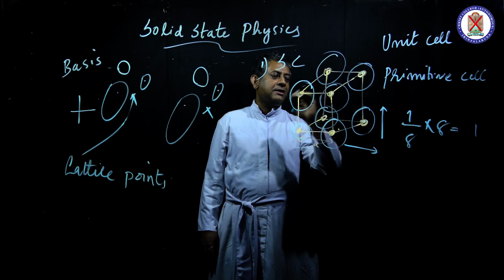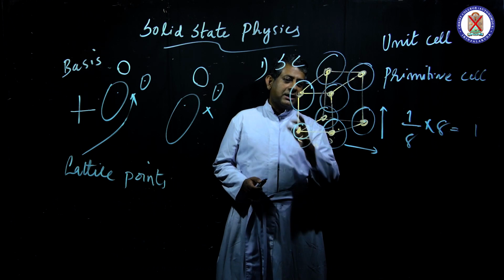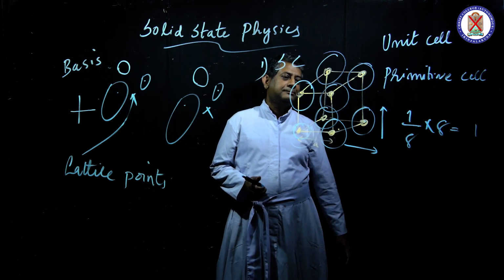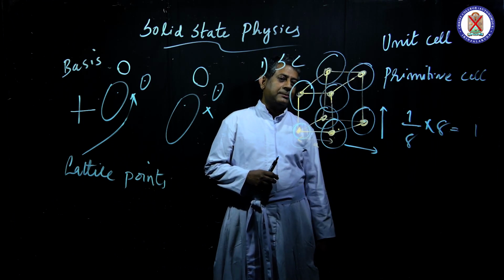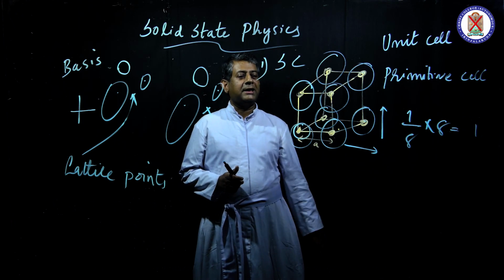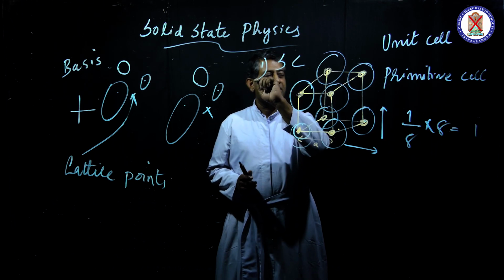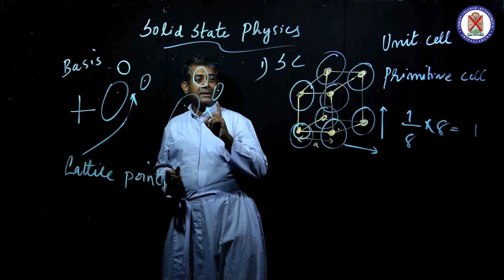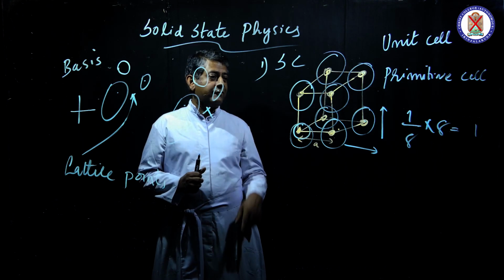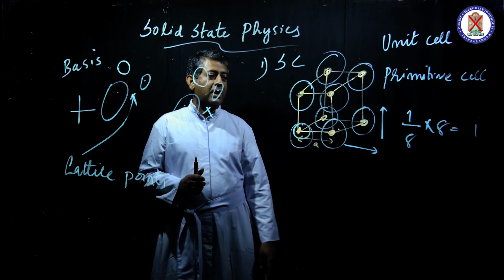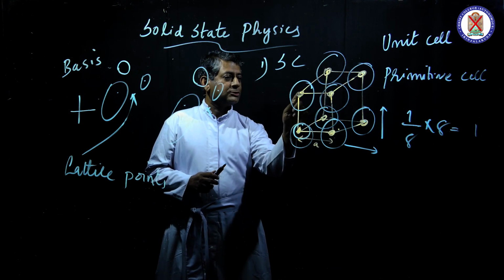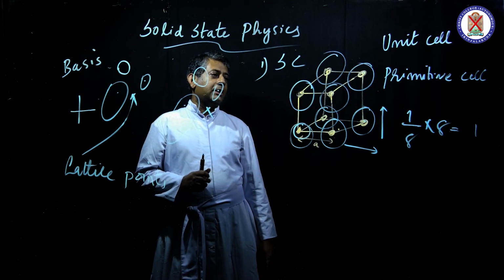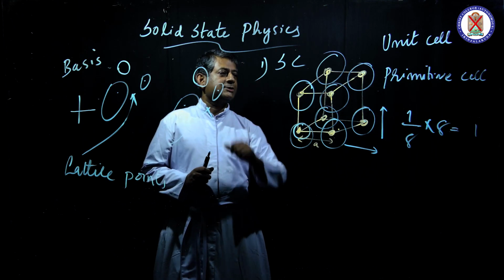So as there is one lattice point inside this cube, we can also say there is one atom inside this cube, if you place only one atom on this lattice point. But remember, you can very well place not just one atom on a lattice point. You can place two atoms, three atoms, or 10 atoms on this lattice point.